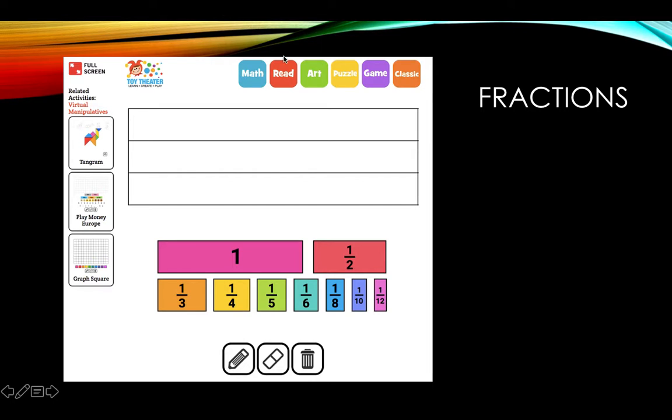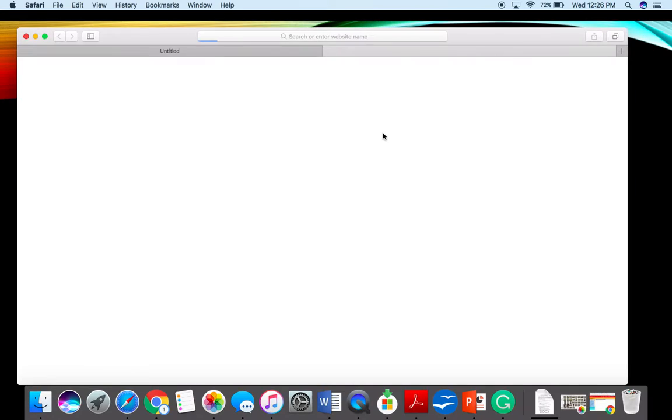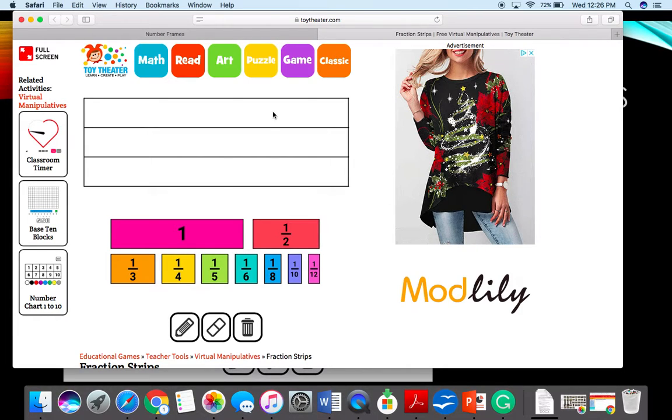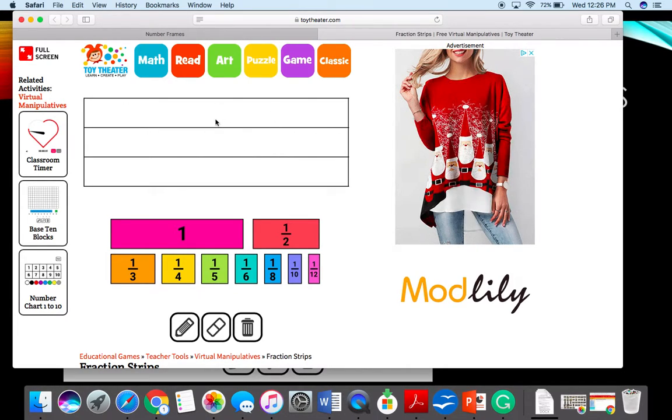For fractions, I've chosen to show you one from Toy Theater. When I click on this, it's going to lead me right to the virtual manipulatives for the fraction strips. So as students are working to compare different fractions, this allows them to compare 3 different fractions. So I can compare one whole.